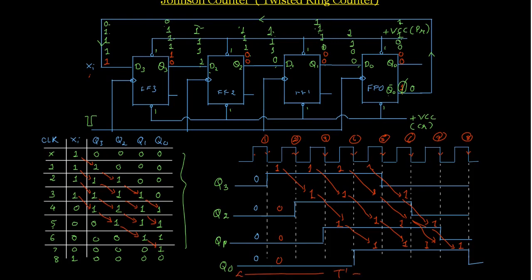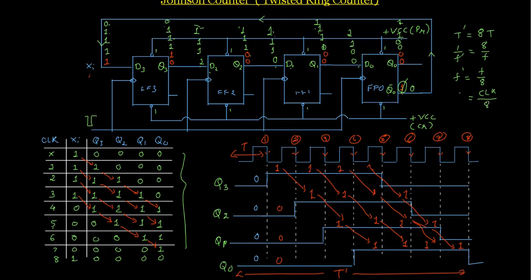Then we can write that T dash is equal to 8T. Or you can say 1 upon F dash is equal to 8 by F. It means F dash is equal to F by 8, which is nothing but the clock frequency divided by 8.